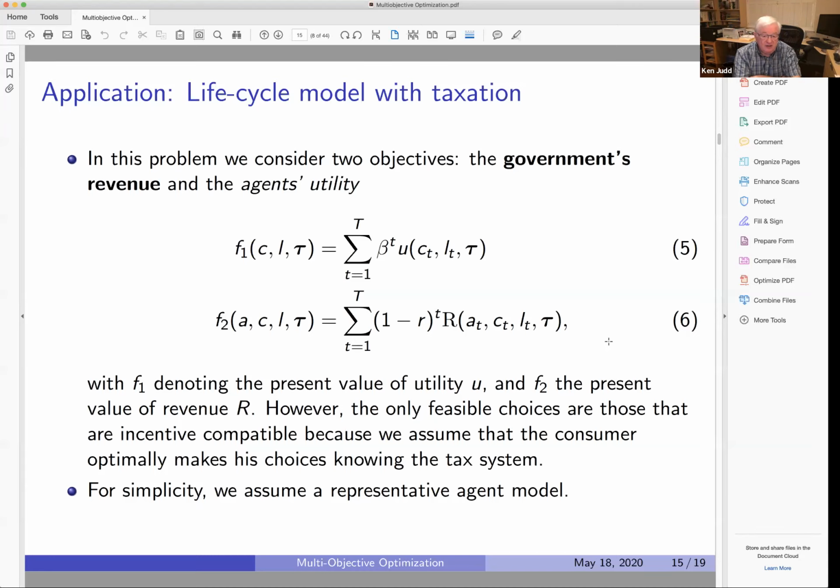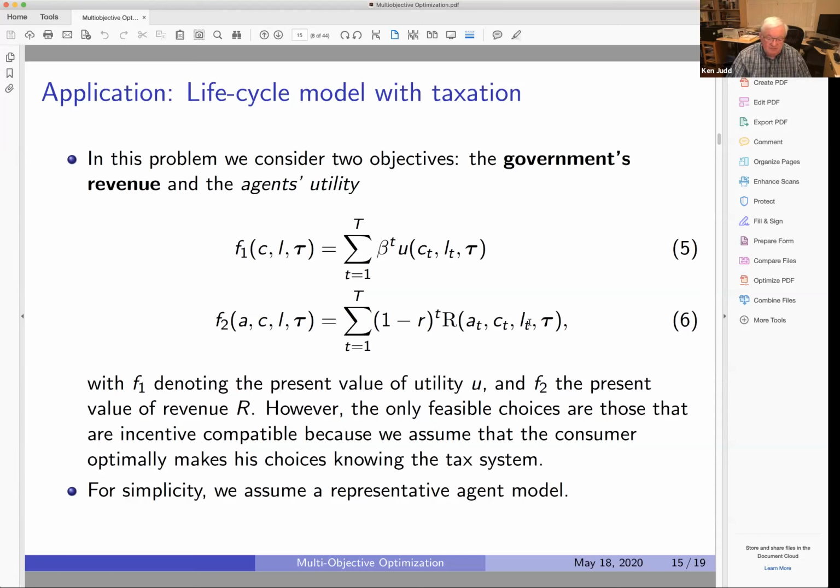You have a government, and you have the representative agent that has lifetime utility from age 1 to age capital T, and that is going to be a function of the consumption and labor as well as the tax parameter. Maybe the tax parameter affects utility directly. So there's the present value of utility, and then the present value of revenue, where revenue is a function of the tax scheme, as well as the choices of assets, consumption, and labor supply.